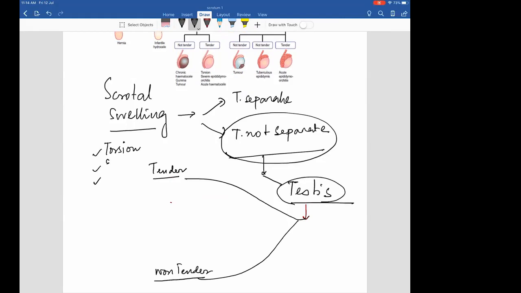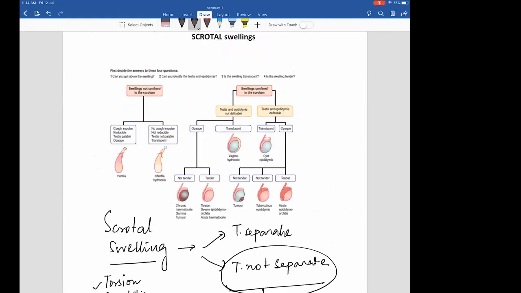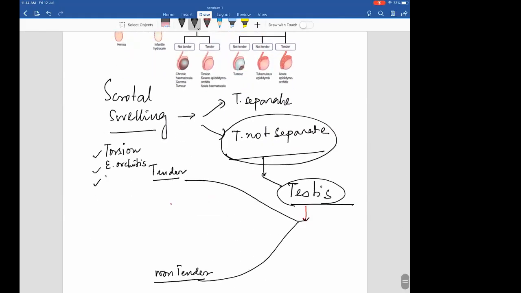Number 2 is epididymitis, which means an inflammation of the epididymis on the testes. And number 3 is called an acute hematocele, that means a collection of blood around the testes. So these are all called tender swellings: number 1 torsion, number 2 epididymitis, number 3 acute hematocele, or collection of blood around. Again, I will repeat, number 1 is always a torsion of the testes.